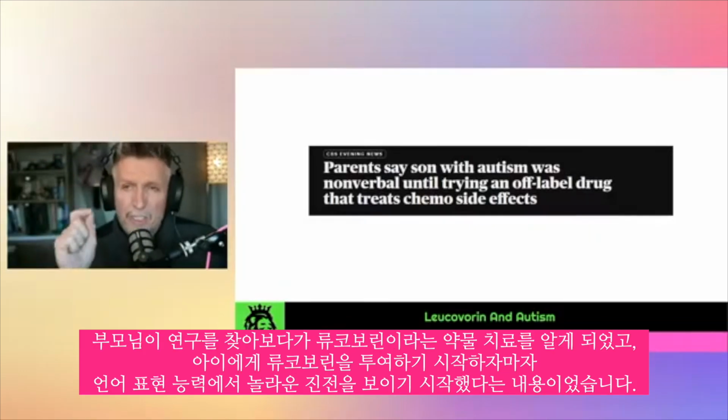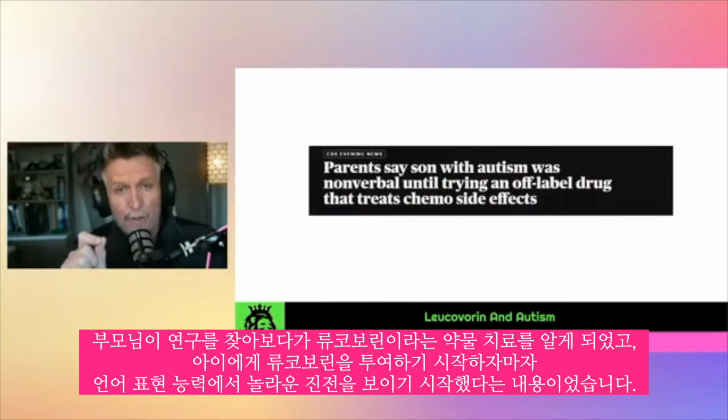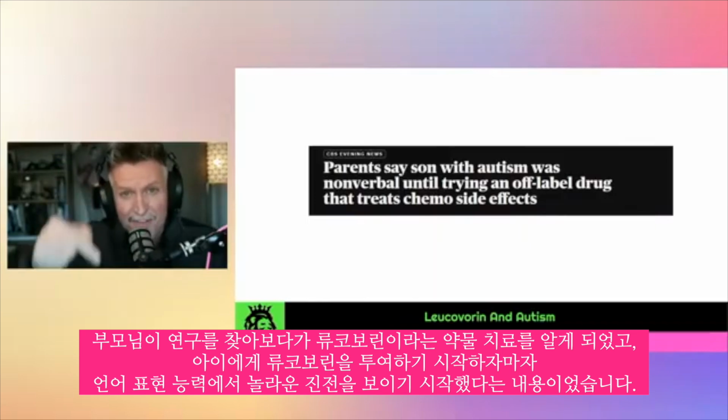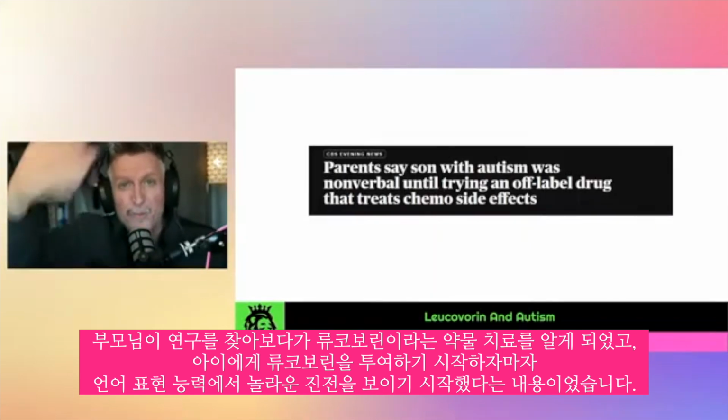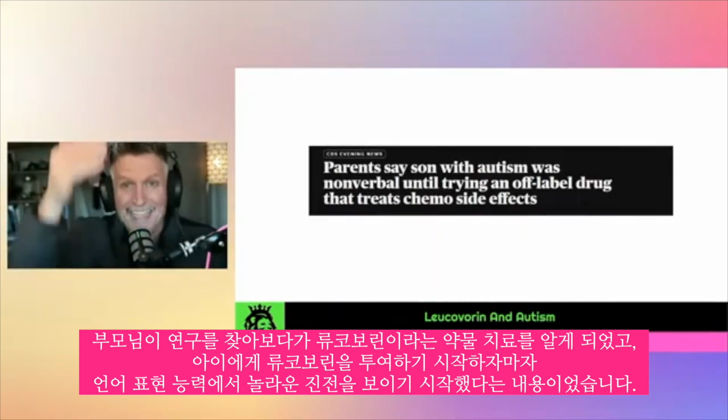The family sought out research and were led to an intervention that involved the medication leucovorin. And when they started leucovorin, their child very quickly began to demonstrate extravagant progress in his ability to express himself verbally.